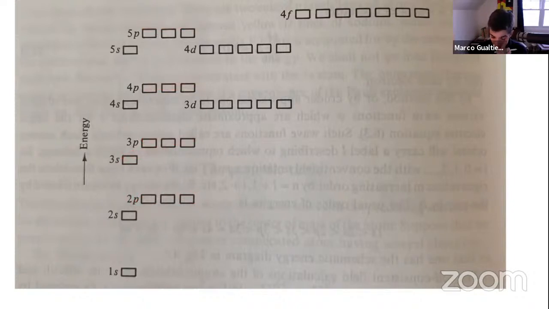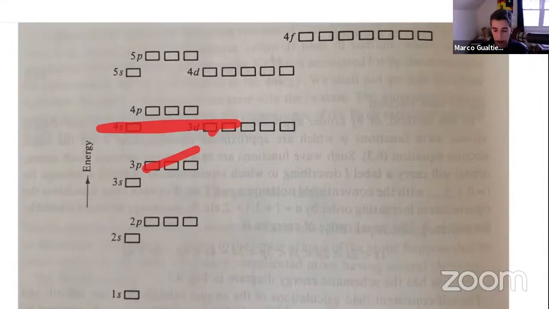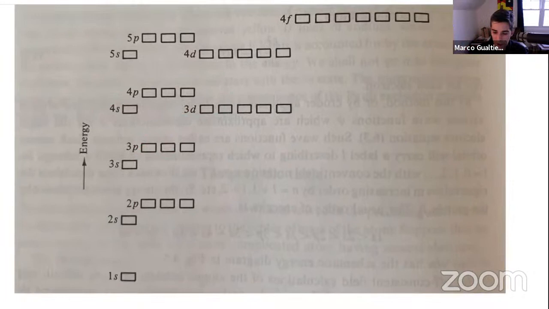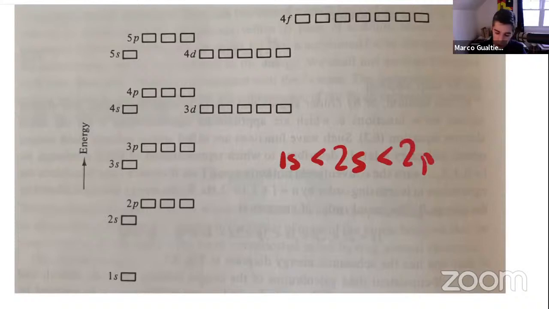And then the 3d is slightly higher than the 3p, but it's approximately the same as the 4s, right? So there's a rule of thumb which the chemists use, which says that 1s is less than 2s, is less than 2p, is less than 3s, is less than 3p, is less than 3d.